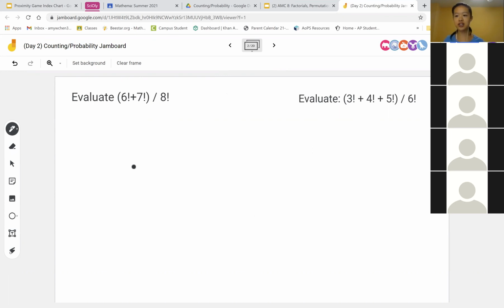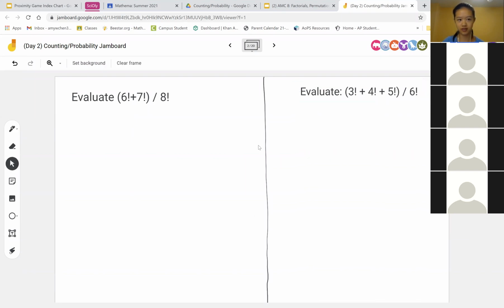Preferably your answers on a sticky note, but if you want to write other stuff on the Jamboard to do your work, you can definitely do that. It's not just for your work on the sticky notes, but it's a little more tedious having to press every operation and stuff in.